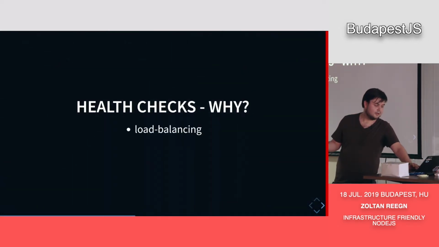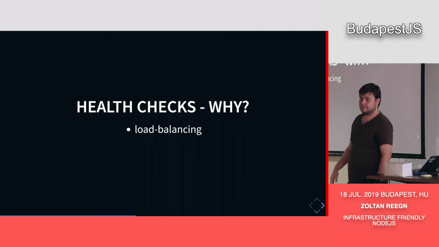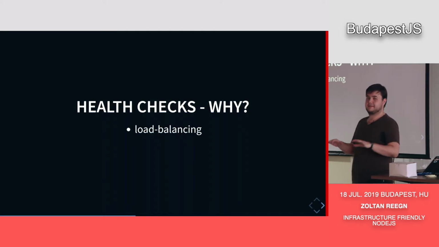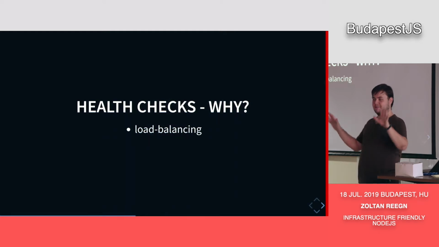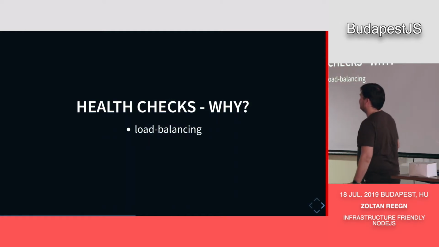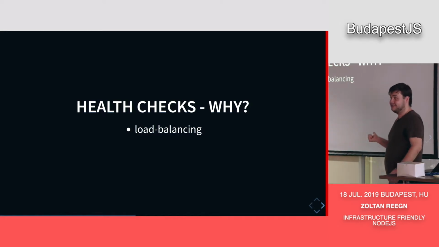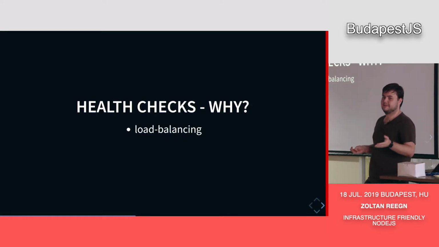Yeah, so why do we need this? So for example, load balancing. Who knows what load balancing is? Okay, a bunch of guys, great. I'm really happy about that. I thought there were going to be fewer people knowing about it. So load balancers need to be told which backends are healthy and can receive requests.